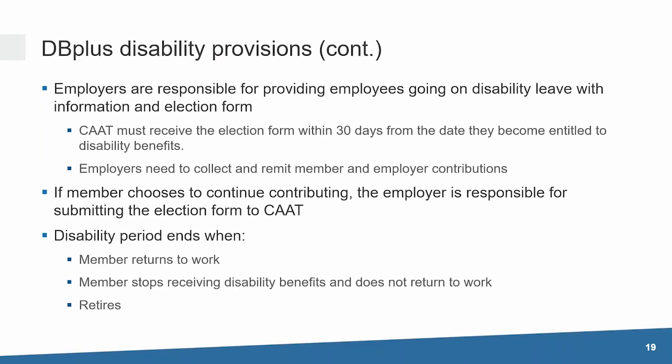Employers will also need to apply any rate changes to the contributions if they occur during the disability period. It's important to note that it is the employer who is responsible for submitting the election form to CAT. If the member returns to work, stops receiving disability benefits, or retires, their disability period ends. If you have any questions regarding the disability process, you can reach out to your employer PA.